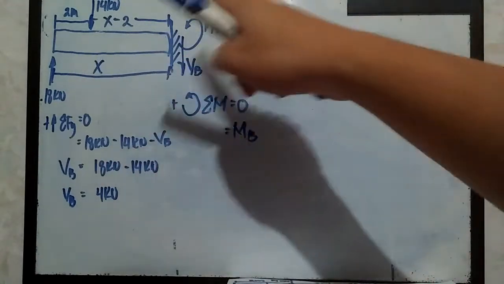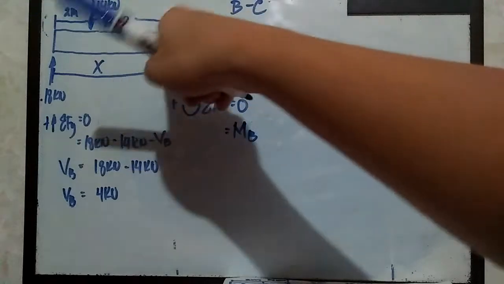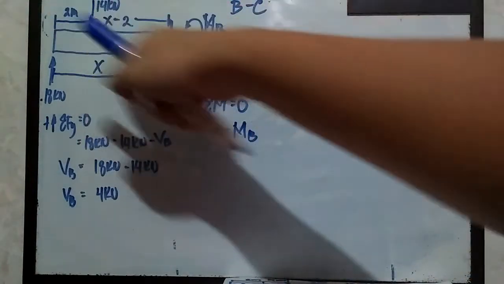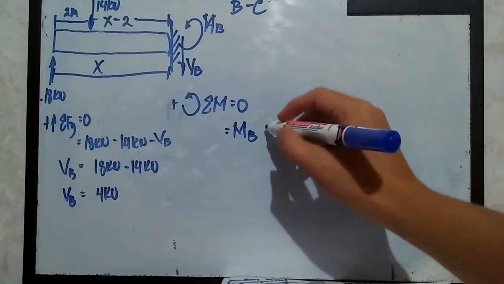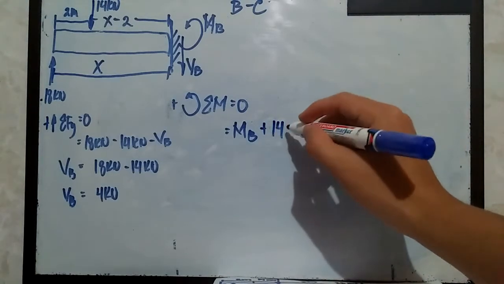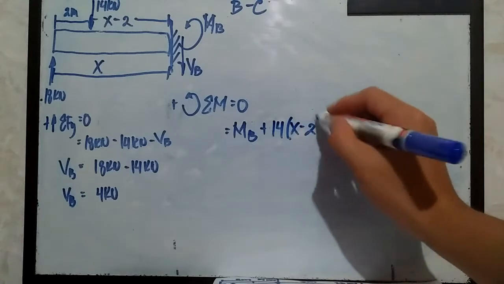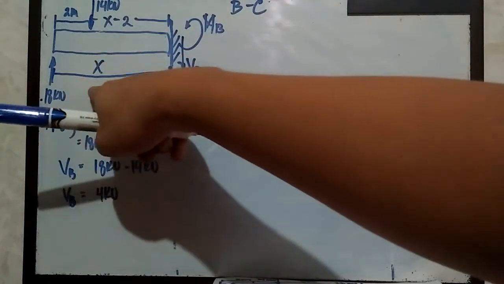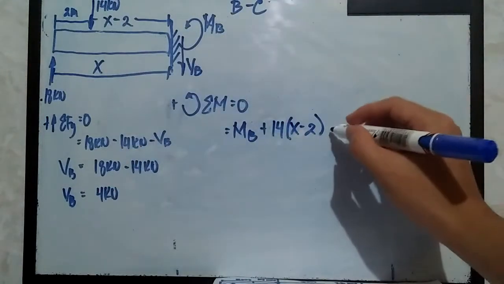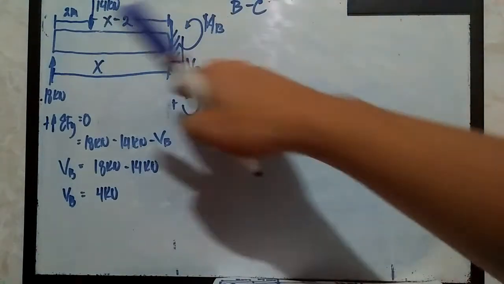And what else is rotating? We have here 14 kilonewtons, with perpendicular distance X minus 2. It's going to rotate counterclockwise, so that is positive 14 times X minus 2. And last but not least, we have 18 kilonewtons rotating clockwise, so that is negative 18 multiplied by X.